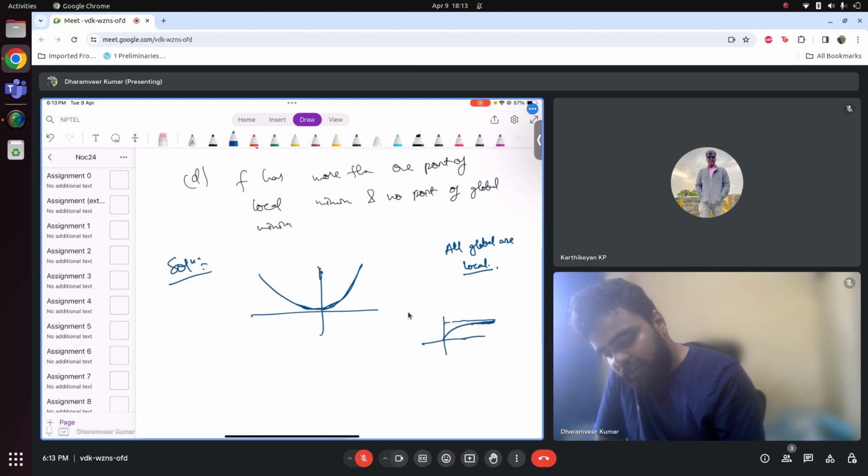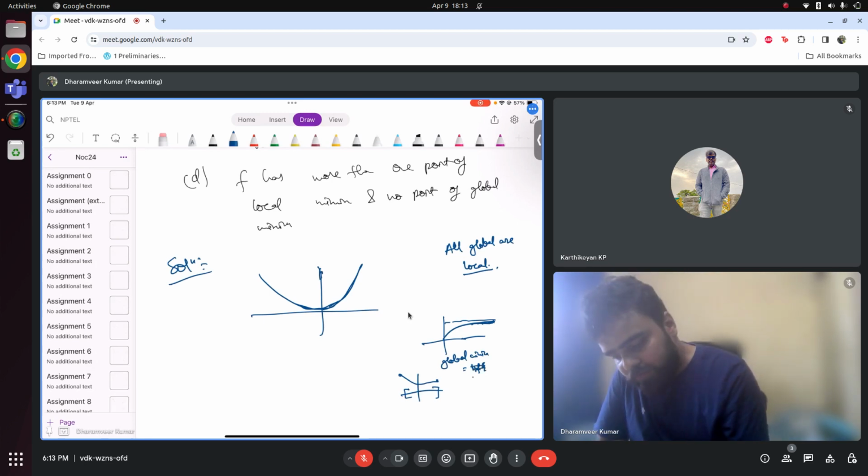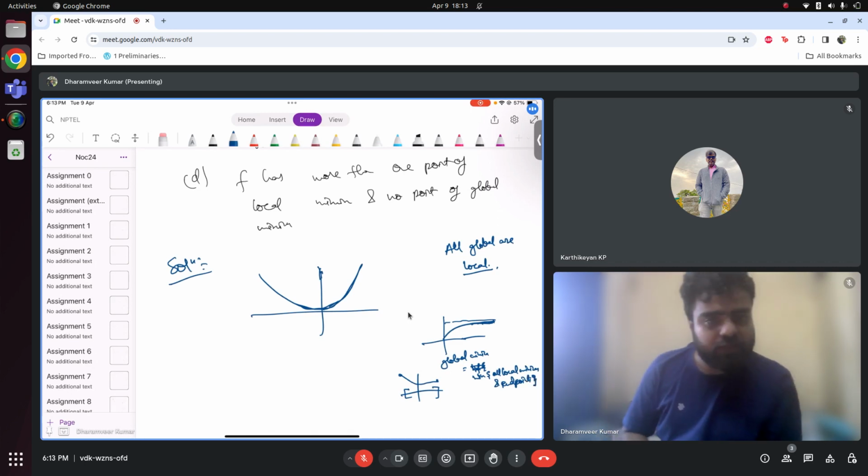So when you have a closed set, a compact set, these points are counted. So what is the global minima? It is the minimum of all local minima and endpoints.